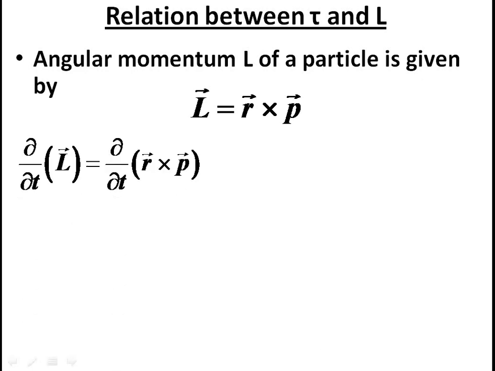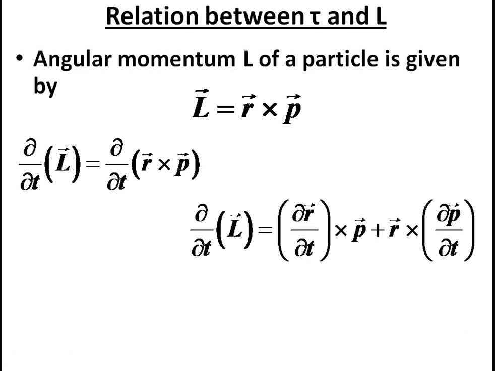You can write it like this: dL/dt. Both sides we have to differentiate. Of course, when you differentiate, you have two variables here, R and P, and you have to differentiate both. So we have dR/dt cross vector P plus vector R cross dP/dt.